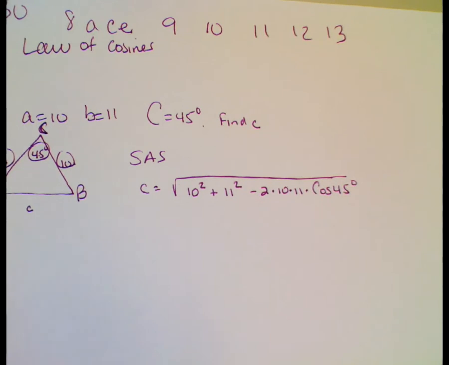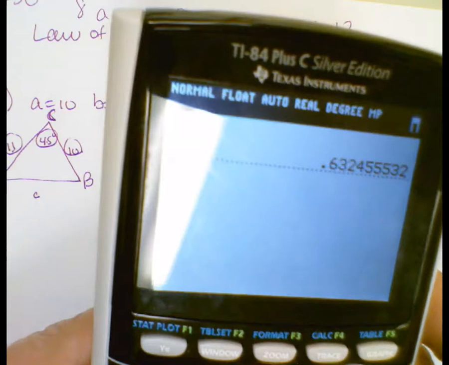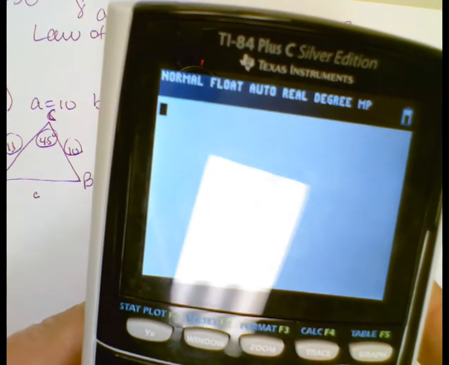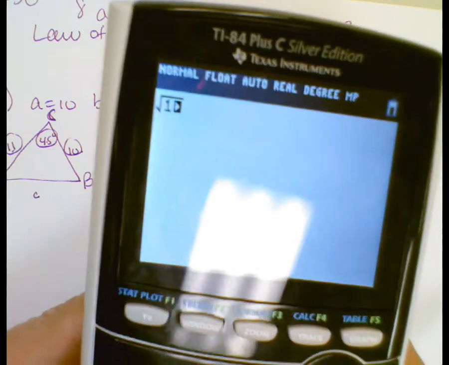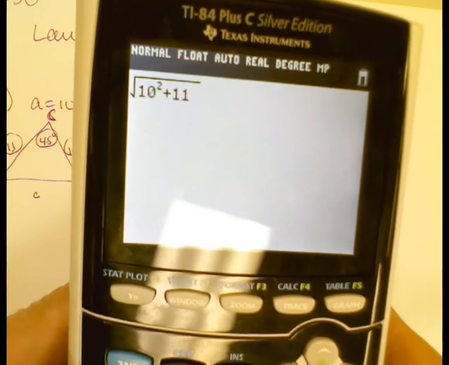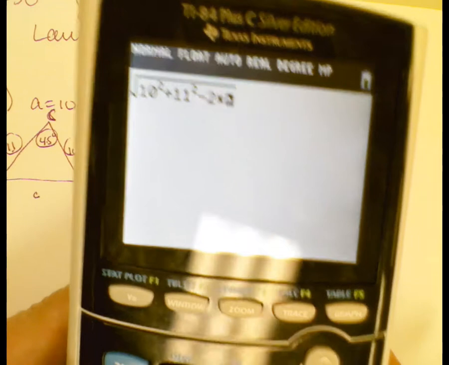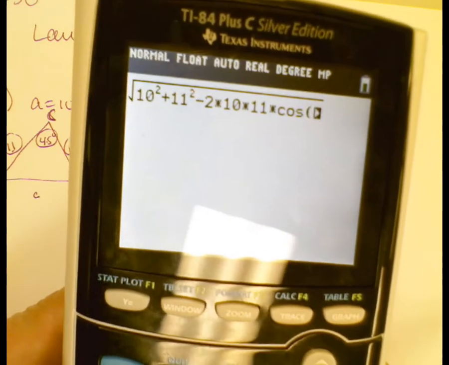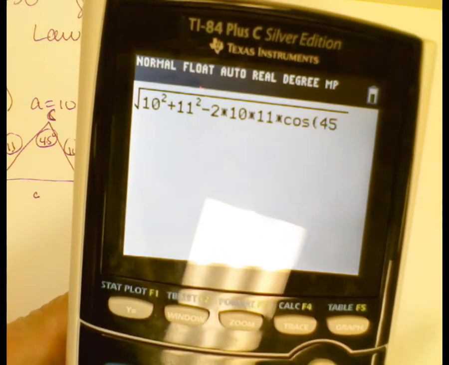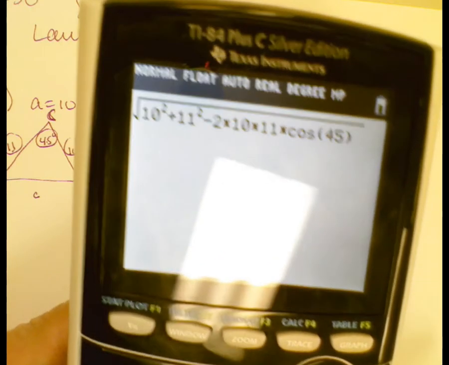And from here, you're just going to punch it straight into the calculator. So we're going to go square root of 10 squared plus 11 squared minus 2 times 10 times 11 times cosine of 45, which we should know that cosine of 45 is about 0.707 is what we're multiplying by.